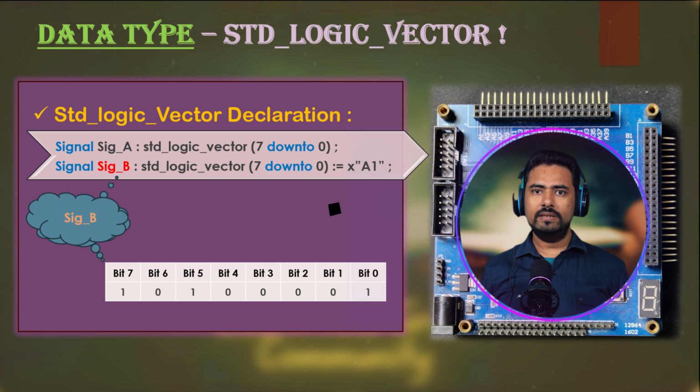In simple terms, it is a group of bits traveling as a unit, similar to a multi-lane highway carrying multiple data streams simultaneously. Just like std_logic, it requires including the std_logic_1164 package for proper use in VHDL code. Get ready to explore how to declare and use std_logic_vectors to represent more complex data in your FPGA designs.